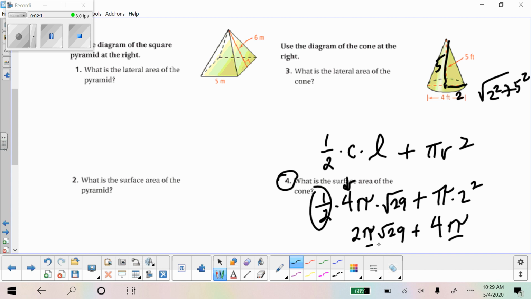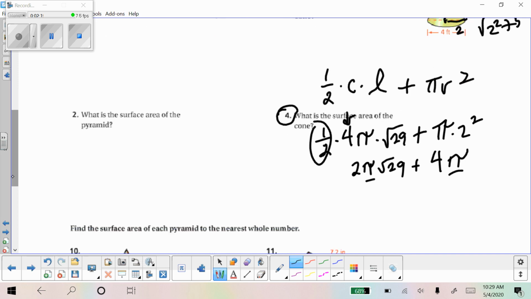And noticing that there's a pi in both of those, if we wanted it in simplest radical form, we could distribute that pi, and we would have 4 plus 2 times the square root of 29, put that in parentheses, times pi. That'd be simplest radical form. And then rounding that to the nearest 10th, well, you guys would know how to do that at this point.